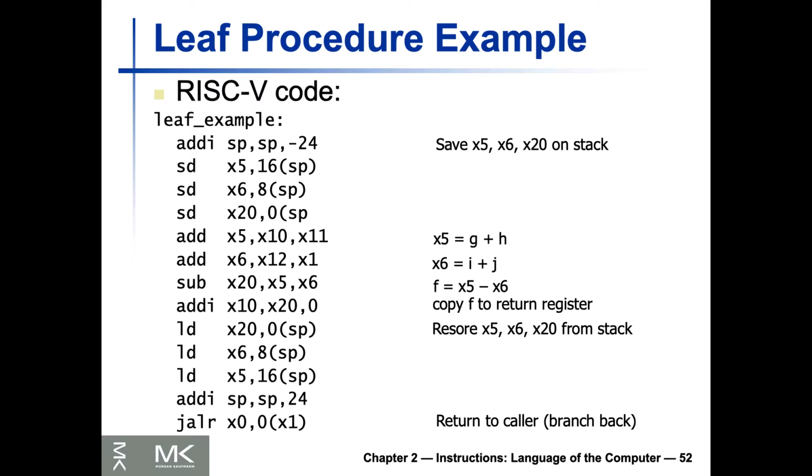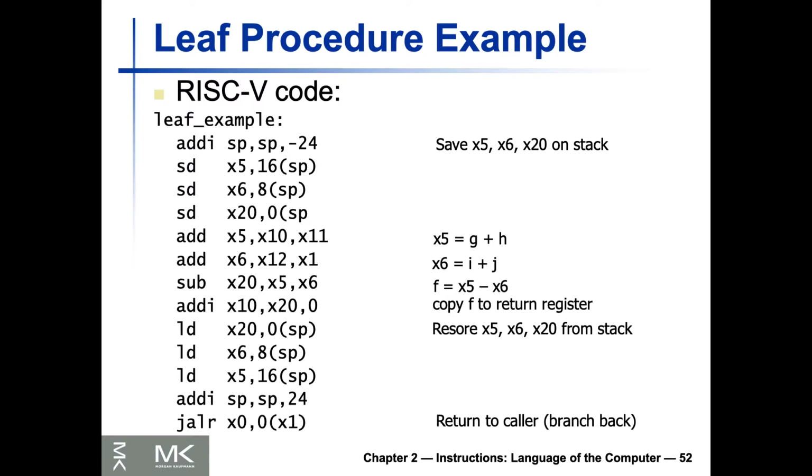Okay. So in the instruction to copy f to the return register, why did we choose X10? The ADDI X10, X20, 0. There are 4 registers, right? X10, X11, X12, and X1. So why does it only show X10?